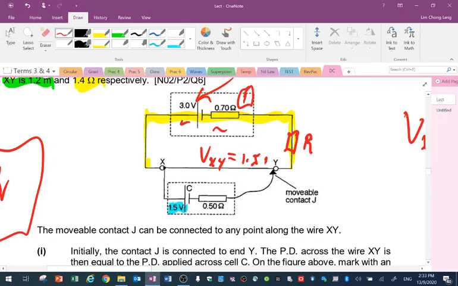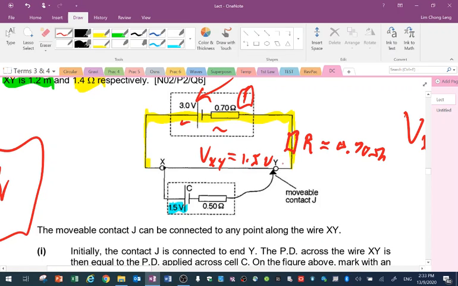Okay, that is the lowest limit, and the balance point will be at Y. So to achieve a minimum PD Vxy of 1.5 volt, this resistor should be 0.70 because the 3 volt is shared equally between XY and the rest of the resistors.